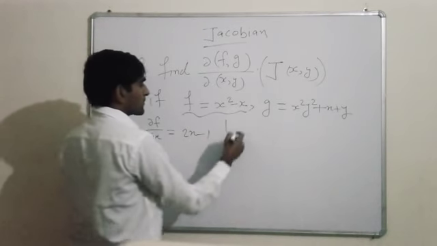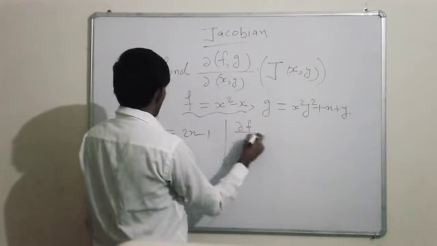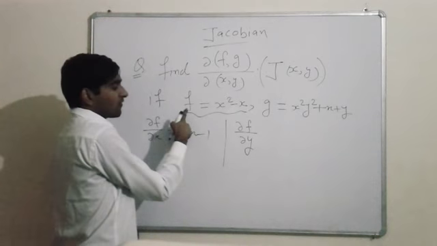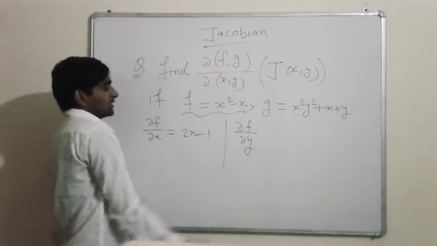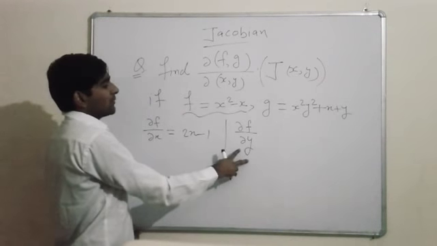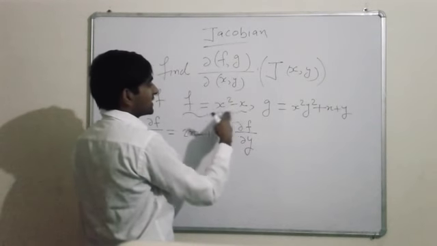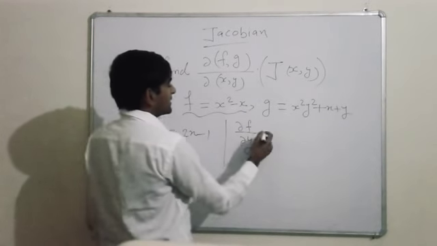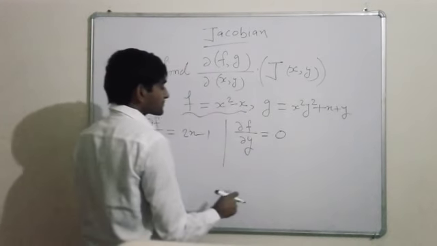And del f over del y, the partial derivative of f with respect to y. Because there is no y, this is only x, and x is treated as constant, that will be 0.